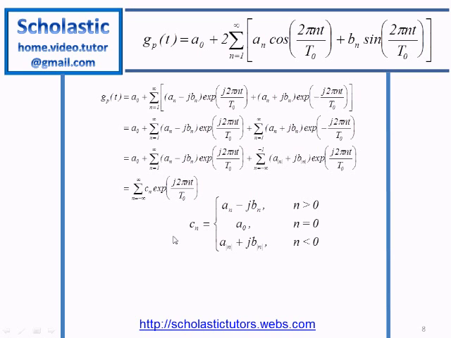This is the complex exponential Fourier series. g(t) can be represented by this kind of function, and Cn can be calculated by using the integral from k to k plus T0 of g(t), the periodic signal that we are going to convert into a series of exponentials, integrated with respect to t after multiplying by exponential minus j 2 pi nt over T0. Please note there is a negative sign here, and 1 over T0 is the reciprocal of the time period. This T0 is the periodic time of the signal.